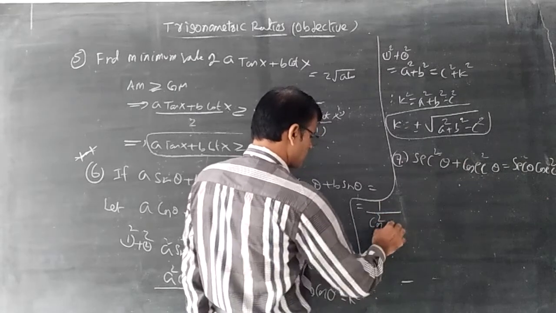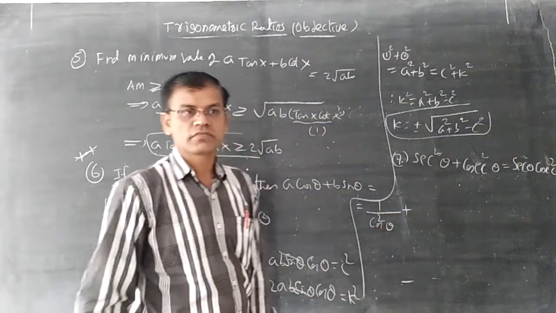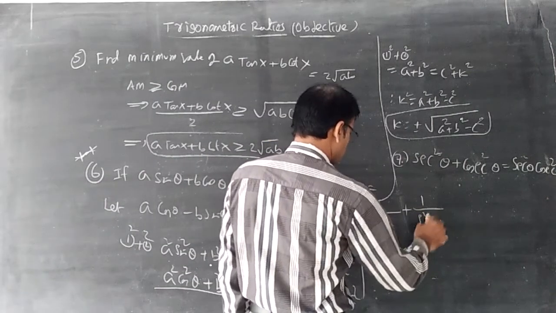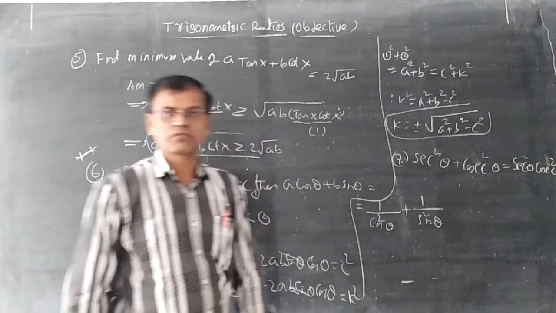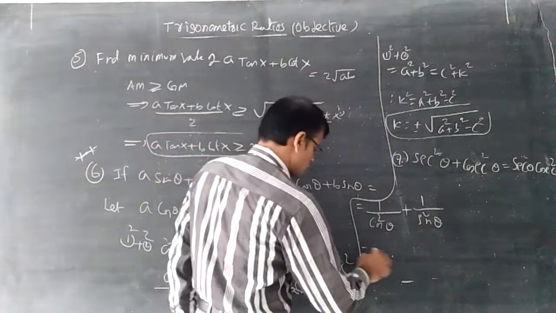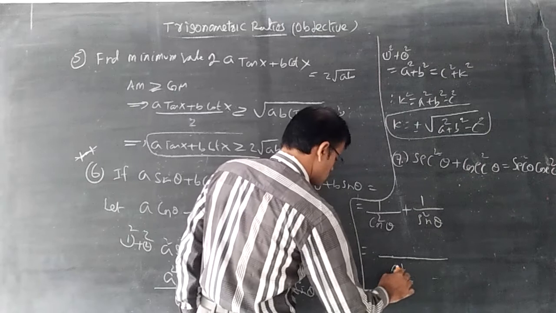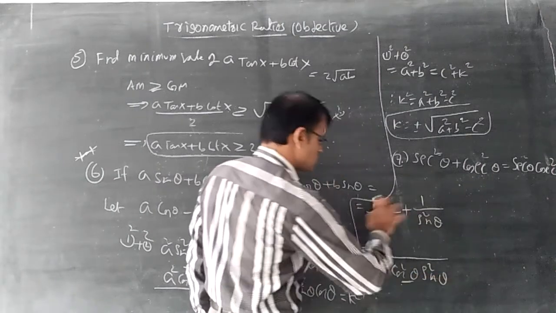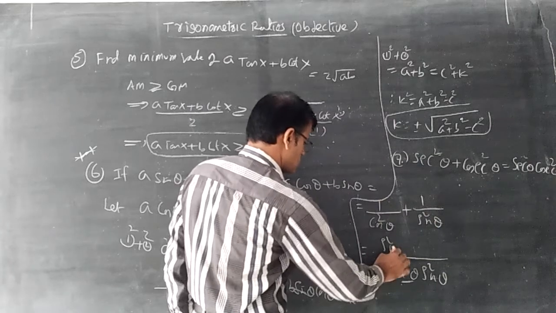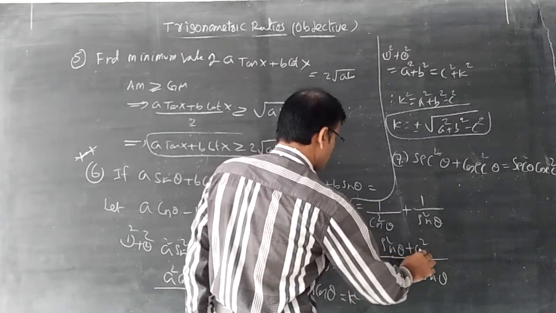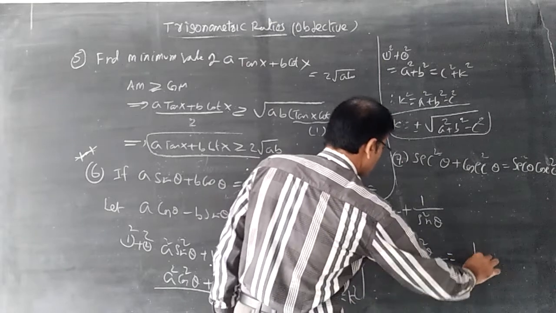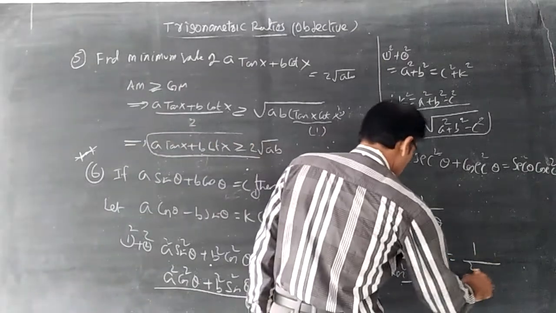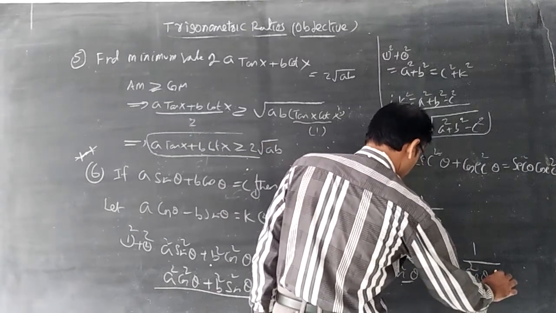Secant square theta can be understood as 1 by cos square theta, plus cosecant square theta can be understood as 1 by sin square theta. Take LCM. The LCM you will get is cos square theta into sin square theta. This on this side, this on this side. So sin square theta plus cos square theta. We know that sin square theta plus cos square theta is 1.